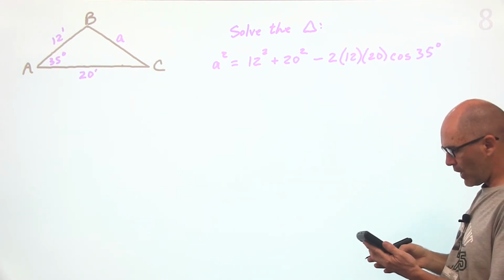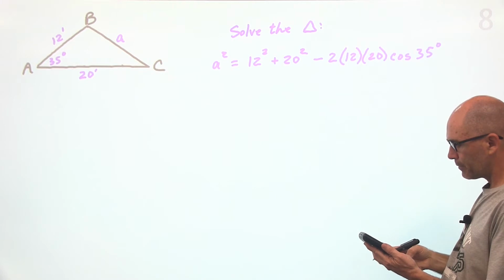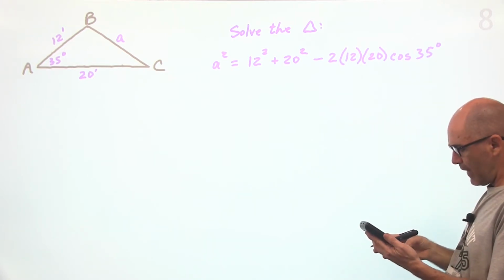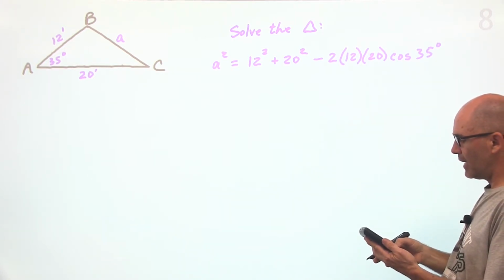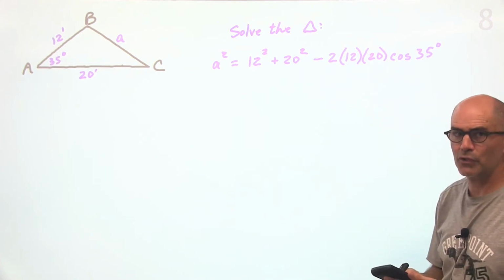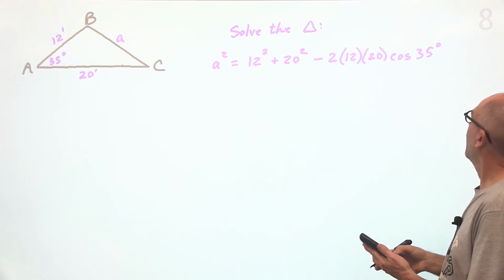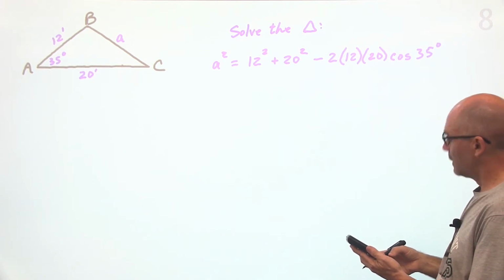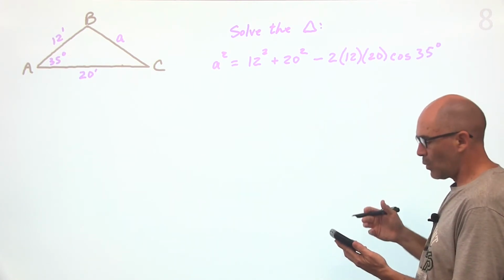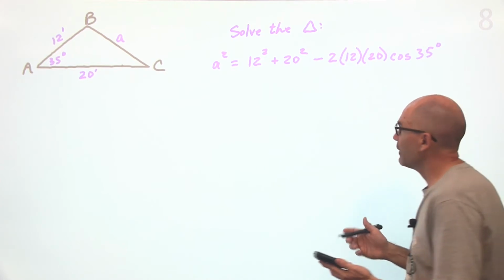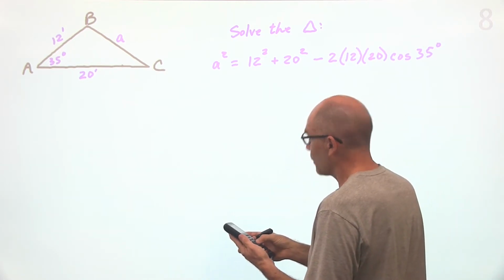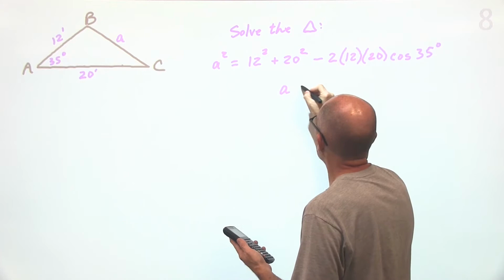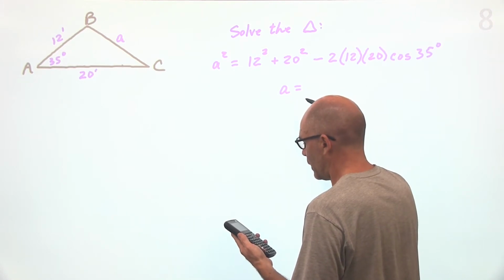So I just go 480, enter, 35, cosine, don't forget to ensure that you're in the degree mode, then times minus. So A squared is 150.807. That means take the square root of that, and A is going to equal 12.28.